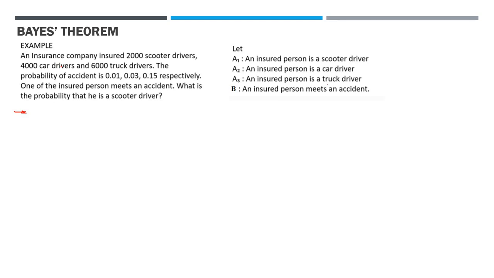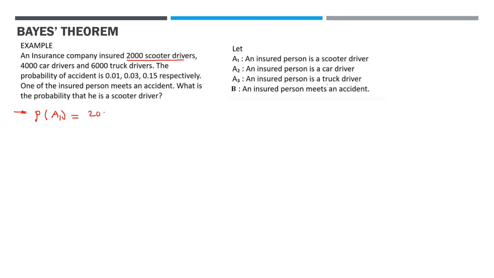So the last problem is also based on Bayes' theorem. Let us take this problem. An insurance company insured 200 scooter drivers, 400 car drivers and 600 truck drivers. We will write down the probability of the scooter driver insurance.